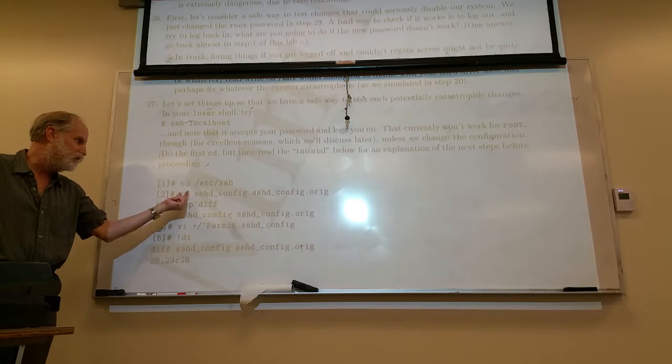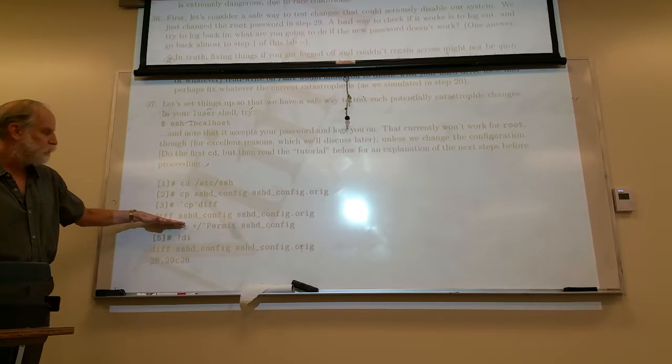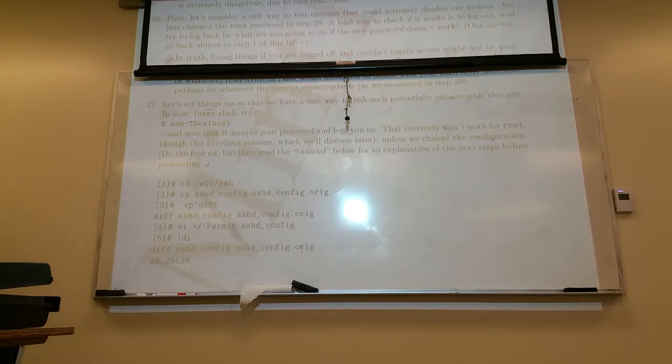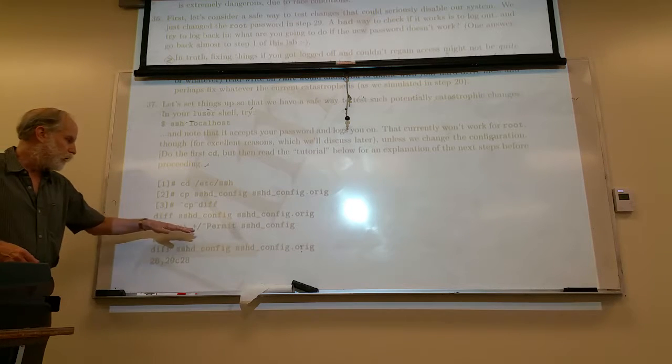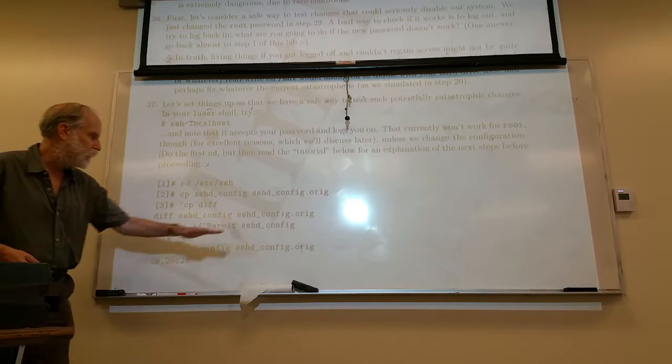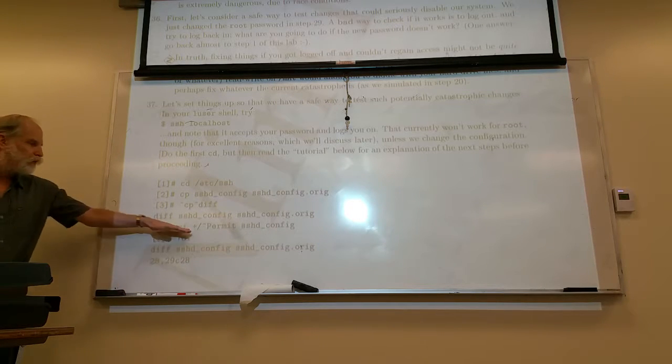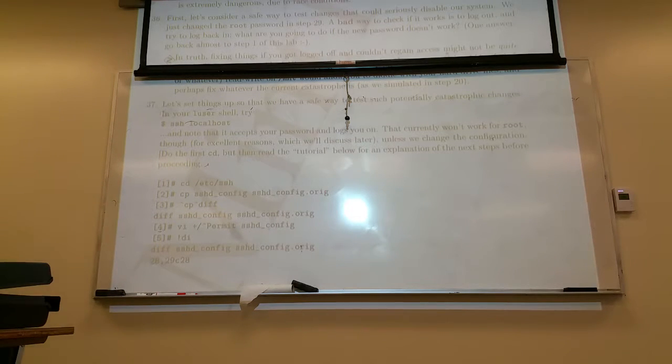We're going to replace cp with diff, which means it's going to run that command, and since there are no differences, you see no output because there are no changes. And then we're going to vi the file. We're going to vi the sshd config file here, and normally that would drop you onto line 1 of the file.